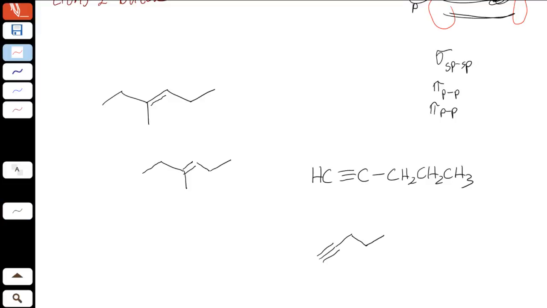So to number this, if this is 1, 2, 3, 4, 5, 1, 2, 3, 4, 5. The two ends of the triple bond give us our two carbons. We don't zigzag it because we know that's not the correct bond angle for the triple bond. These triple bonds are linear.